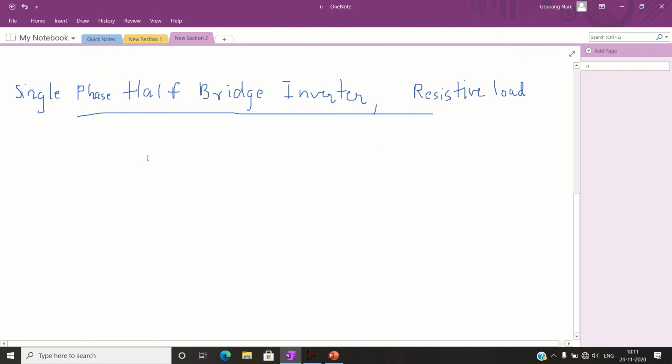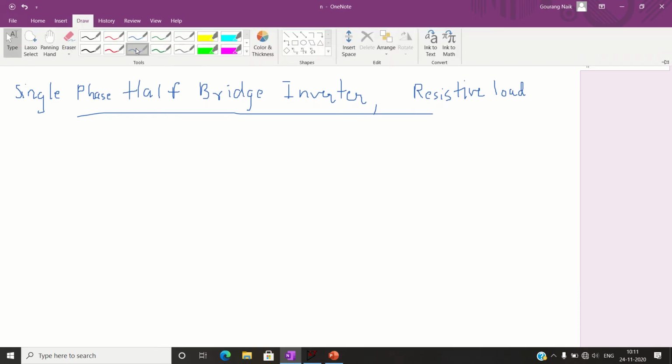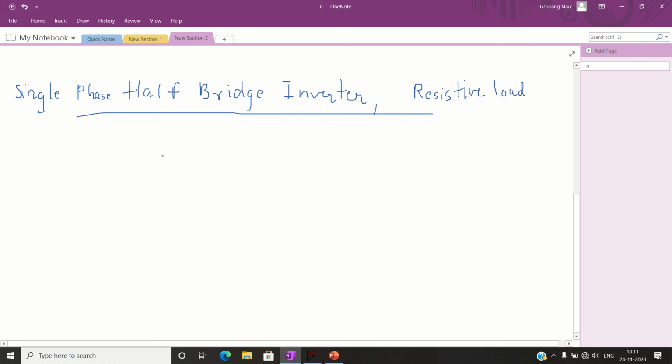So first we will try to draw the circuit for that. What we will do, we will take a voltage source, like a battery. This is a battery. Then we will take a switch, and then we will connect our load here.